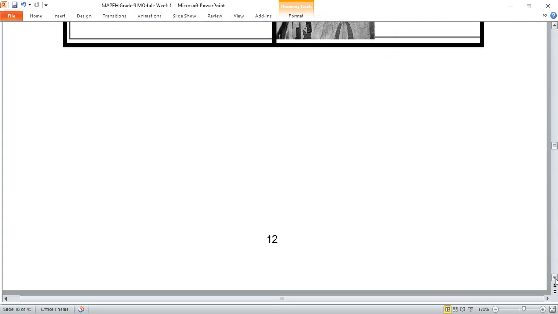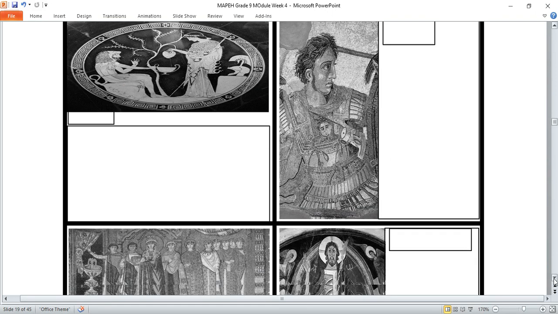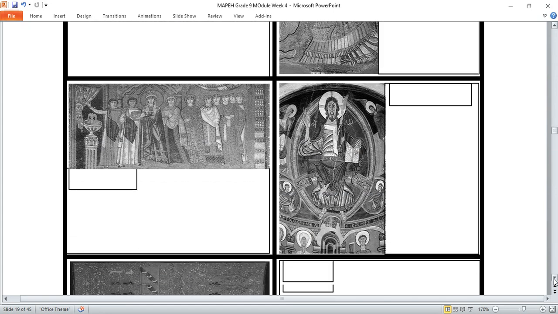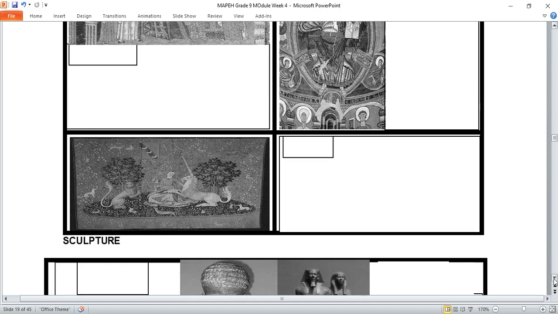Now, let's proceed to the next picture. So this is another sample of painting from a different era. Another painting. And the last one is a painting. Now, let's proceed to sculpture.